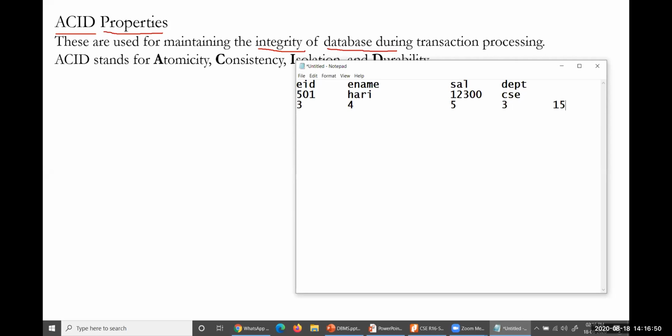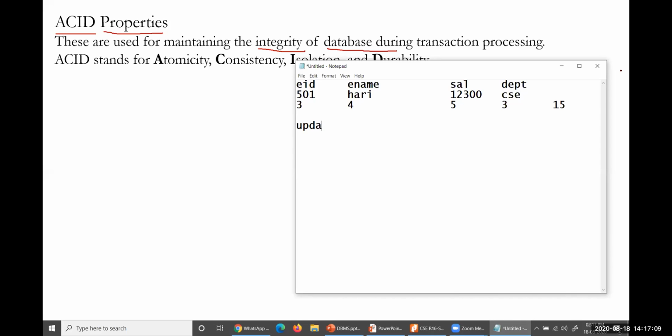Now, what do you mean by integrity here? Integrity always ensures that the operation must be performed completely. That is the meaning of integrity. The most probable operations on a database will be updates.